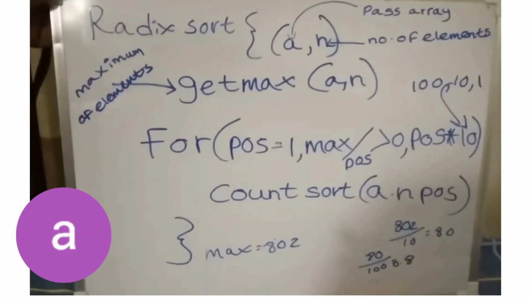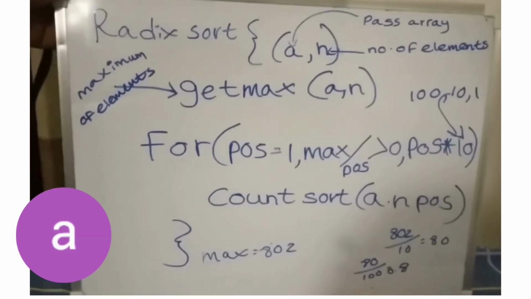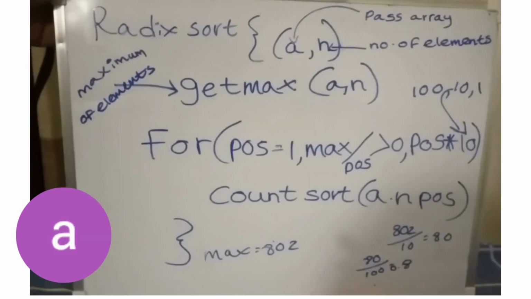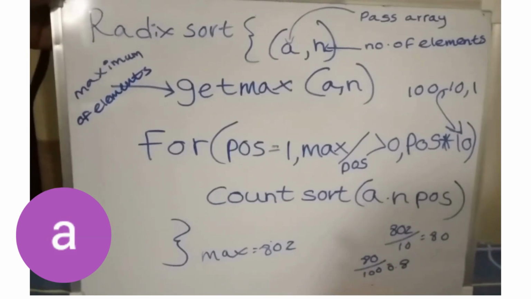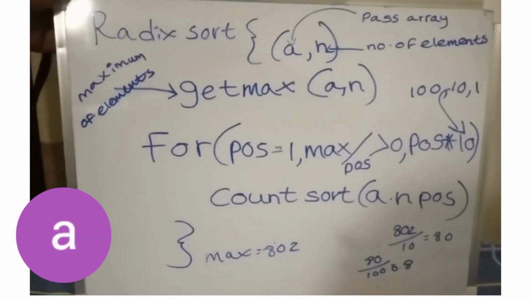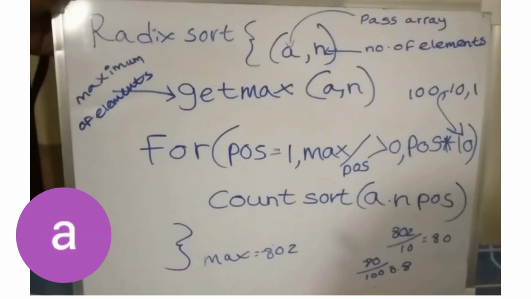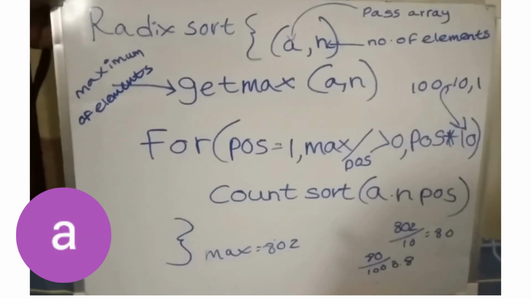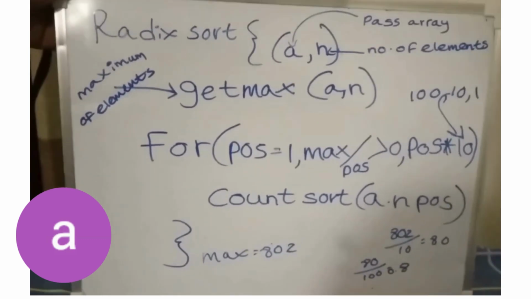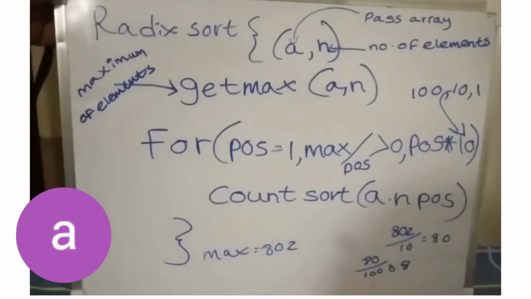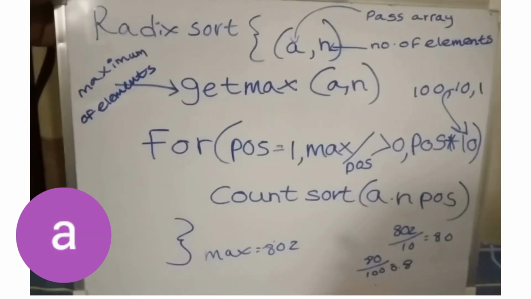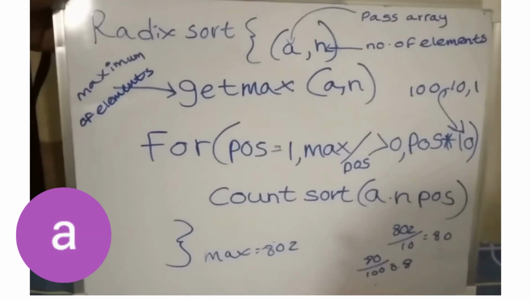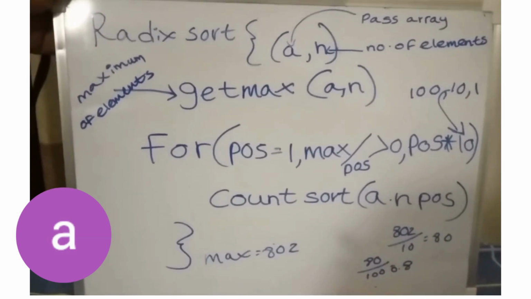Then I get the for loop, and we have to implement a variable called pos. The variable is equal to 1, and max means the maximum number of the elements in the sort. We have to divide max by the variable, and that should be greater than 0.